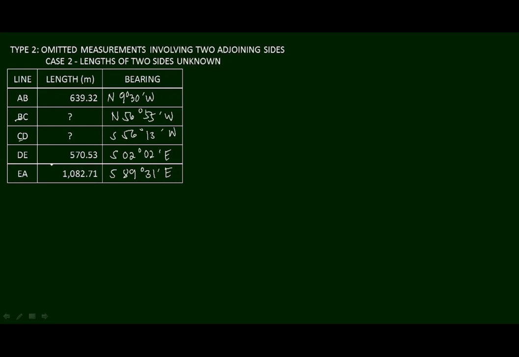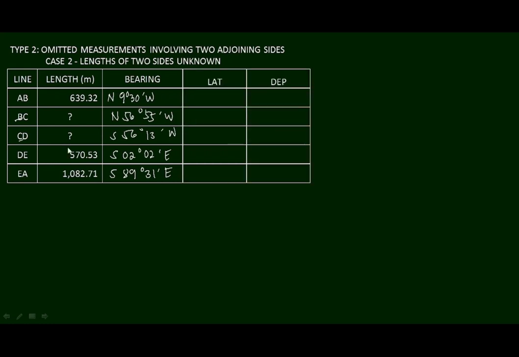So, let's solve first for the latitudes and departure ng mga lines with complete data. Okay? So, how are we going to solve for the latitude and departure of the lines with complete data? Again, yung sabi natin sa latitude, that is distance times cosine of bearing, and departure is distance times sine of bearing.